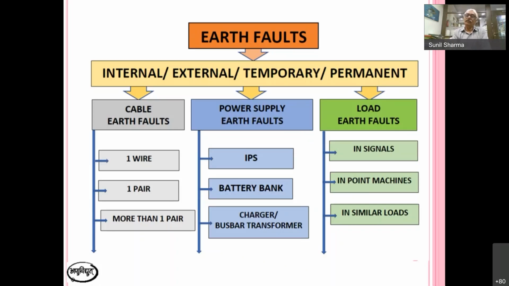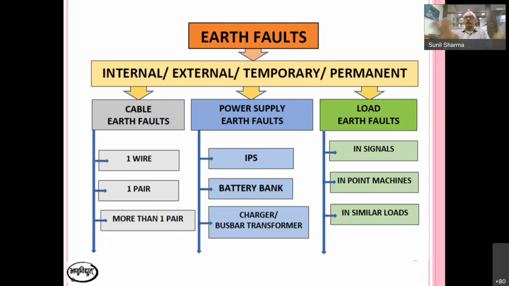If you reset the ELD, it is reset. This type of leakage is called temporary. Permanent leakage is like in red signals, which mainly remain on, so the leakage remains. Those are permanent.